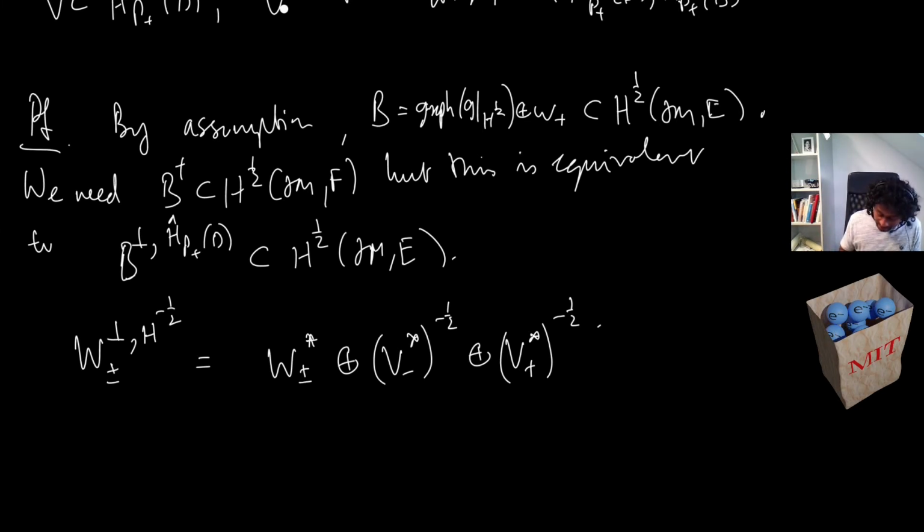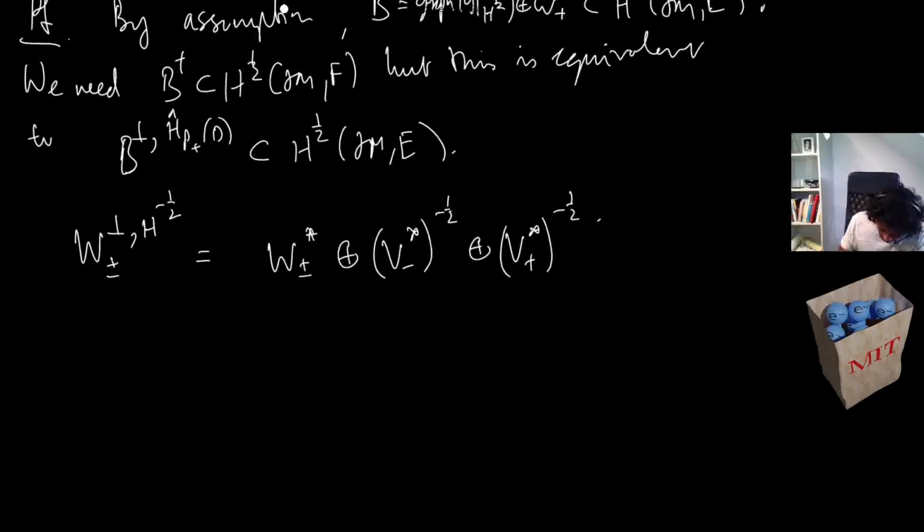That's the name of the game. So we want to now compute the annihilator of B here in H minus a half. So we compute the annihilator of the W plus and then the graph. Okay, so now we move on to the graph. So we take V plus GV such that little v is in big V minus a half. And we annihilate this in H minus a half.